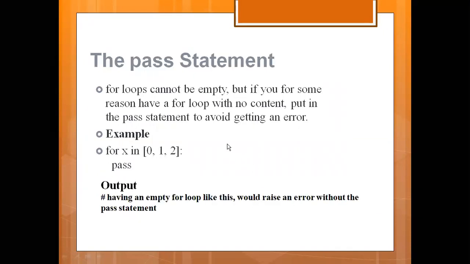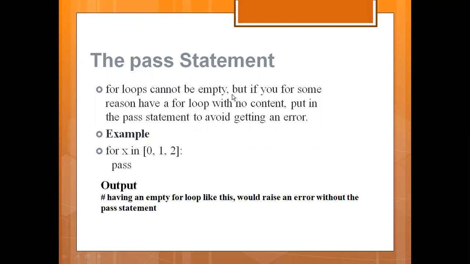The pass statement. Supposing for any reason we have not mentioned anything in the loop, no statement is there in the loop. Otherwise the structure of the loop is okay, but we don't have any statement in the loop, so sometimes this is going to raise an error. To avoid that error, we can have a pass statement.